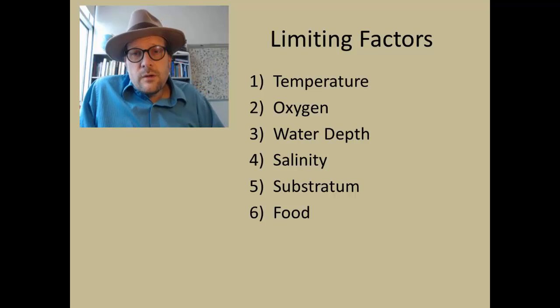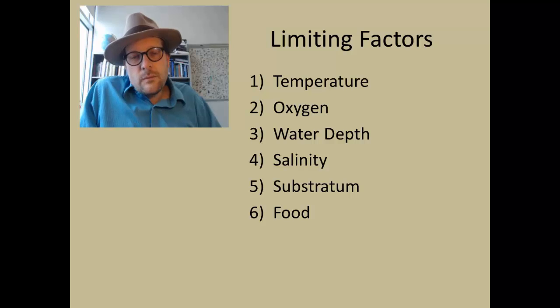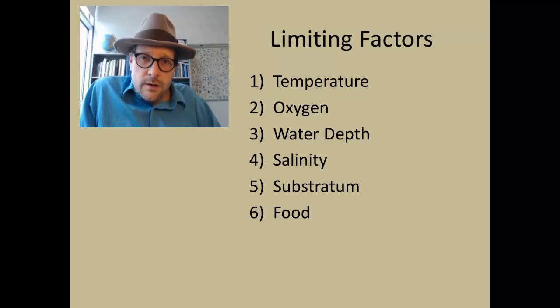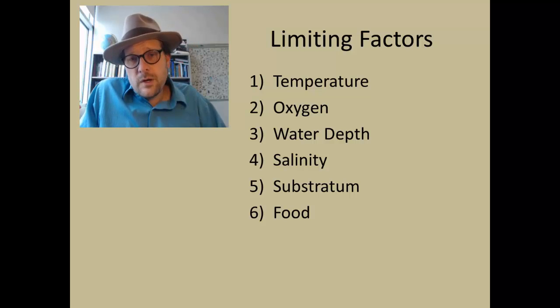All right, now we're going to talk a little bit about limiting factors. So these are some of the things that we can use the fossil record to try to get at in ancient environments. Things like temperature or climate, the amount of oxygen in the water, depth, the salinity of the ocean, the substratum, and also something about the food or the food pyramid, food availability or nutrition that might be available to the organisms living at that time.